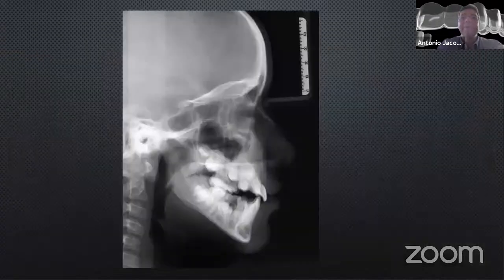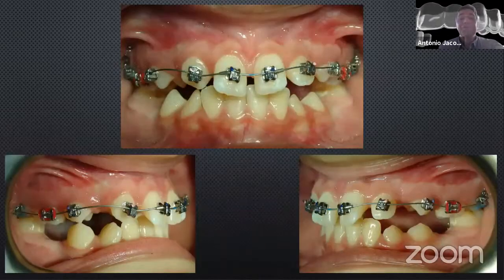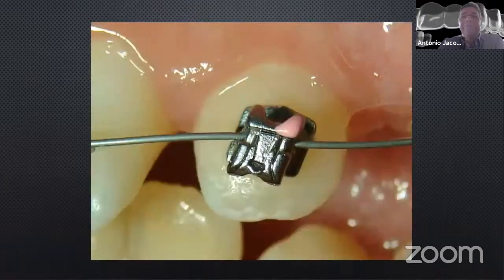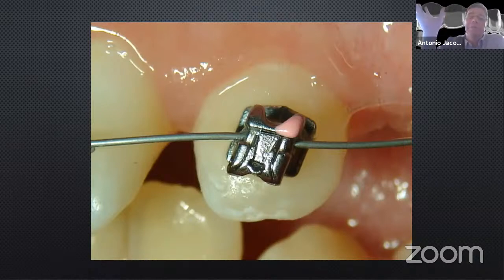So this is the moment that we have to do the same thing I have done with the other patient. So now I have bonded the brackets on the lateral incisor, very contra-angulated, to change the position of the roots towards mesial, to maybe try to de-impact these canines.